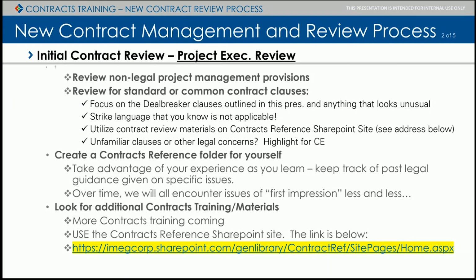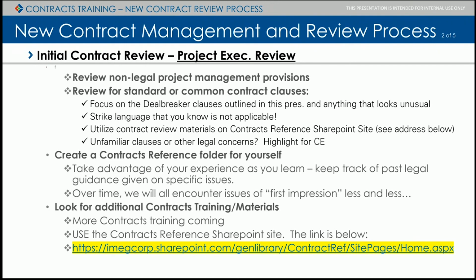So I'm going to summarize essentially the important points here, because you can really look at the particulars later. The initial review is at the project exec level to look for non-legal items first, so we know the who, what, where, when. You'd be surprised how often that's not reviewed, and we can get into some logistical nightmares. Then review the standard contract clauses, utilizing this training and this slide presentation.